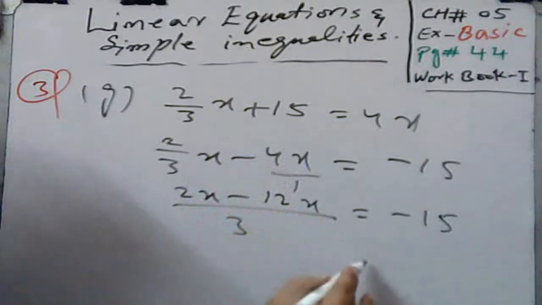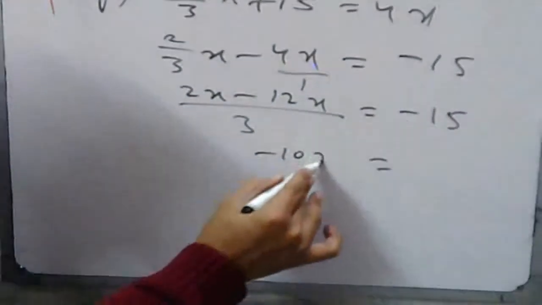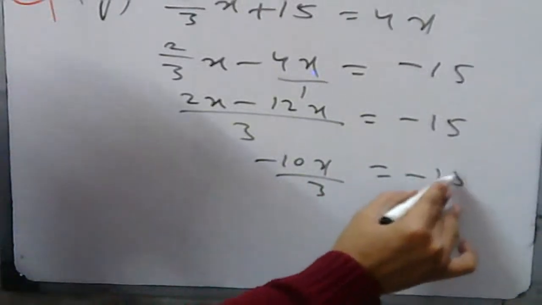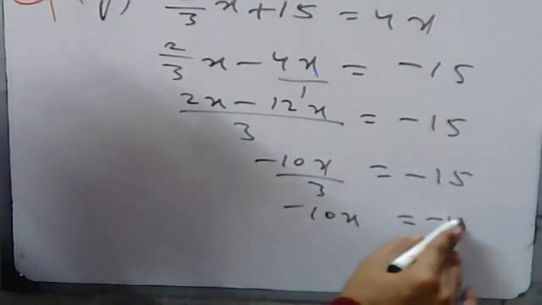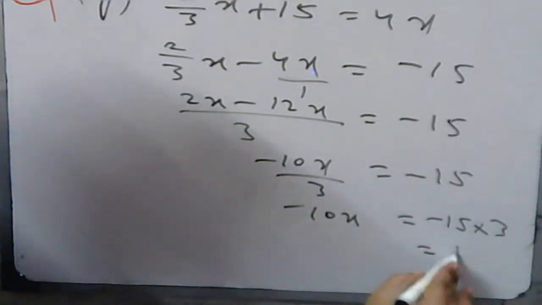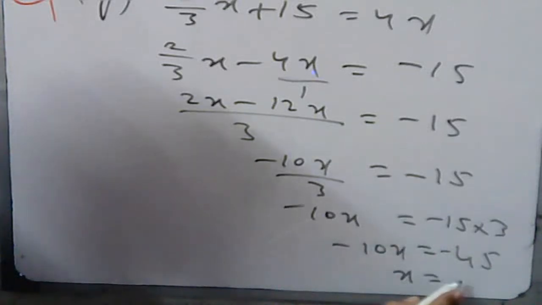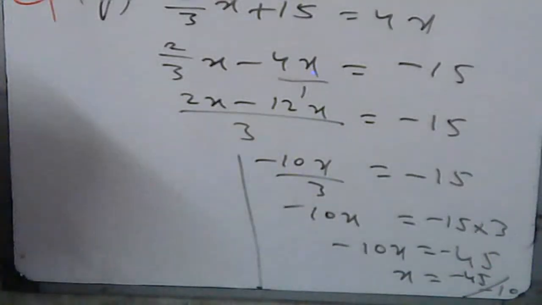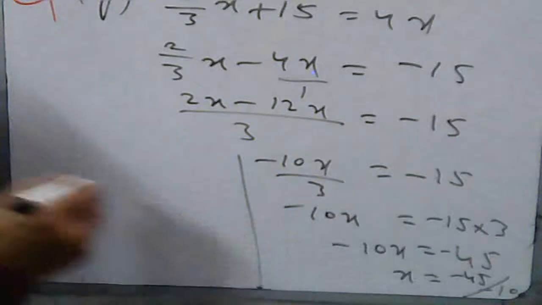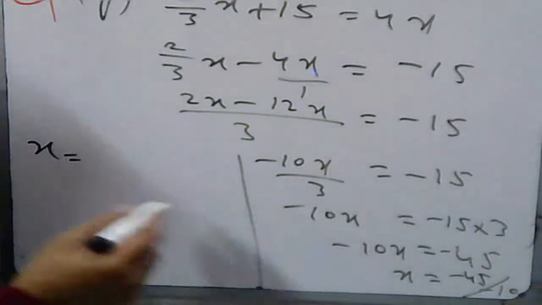By using cross multiplication, minus 10x by 3 equals minus 15. This 3 multiplies with 15, you will get 45, so minus 10x equals minus 45. We need the value of x, so minus 45 divided by minus 10. The minus signs will be cancelled, so you will get 45 divided by 10.